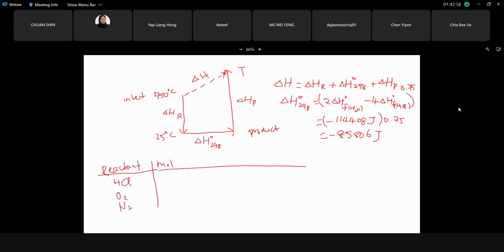For HCl you have 4 moles, oxygen is 0.84, and nitrogen is 3.16.